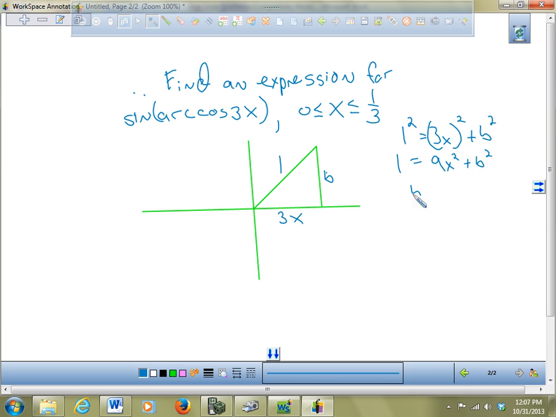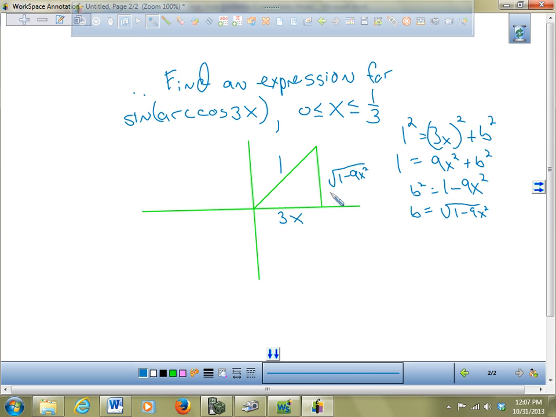So b squared equals 1 minus 9x squared. So b is equal to plus or minus the square root of 1 minus 9x squared. But in this case, I just need to worry about the positive one because I'm in the first quadrant, and this length is a positive number up there. Do you understand why it's positive and not negative?